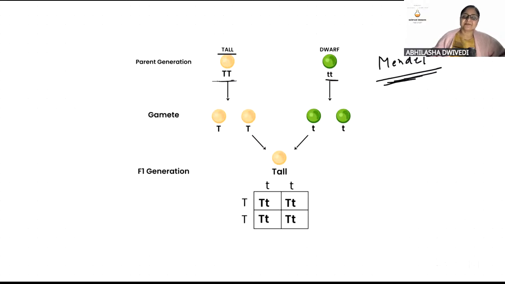He actually explains why we are how we are, right? So a monohybrid cross is the cross between two parents taking one trait.